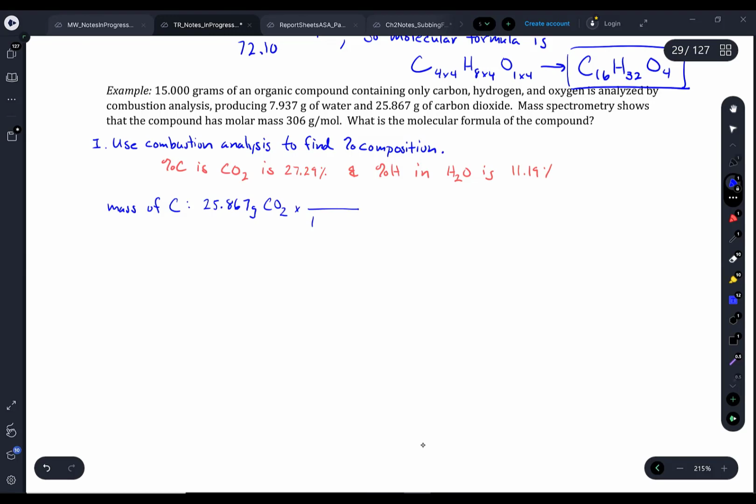So for every 100 grams of carbon dioxide, there is 27.29 grams of carbon. Or in other words, you're just taking 25.867, multiplying by 0.2729, right? The decimal form of the percent. 25.867 times 0.2729. And so there's 7.059 grams of carbon in the compound.